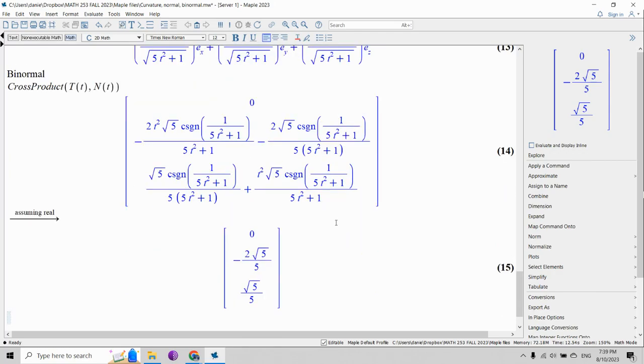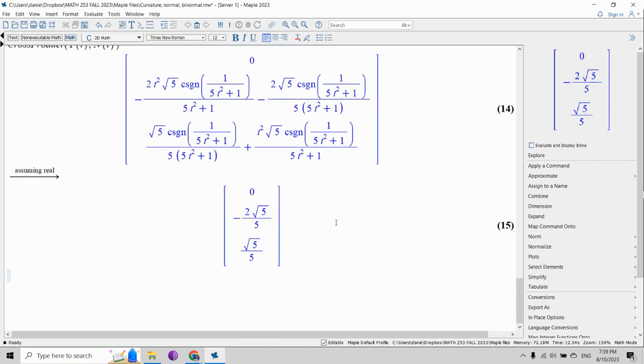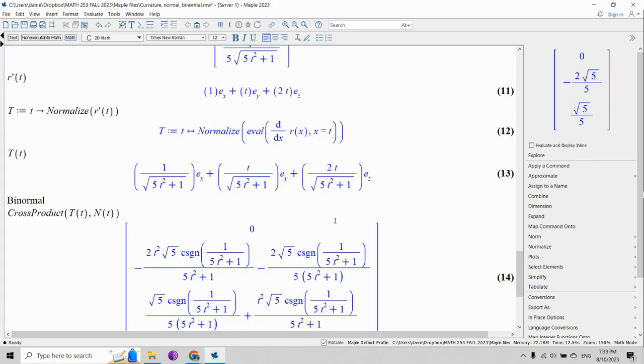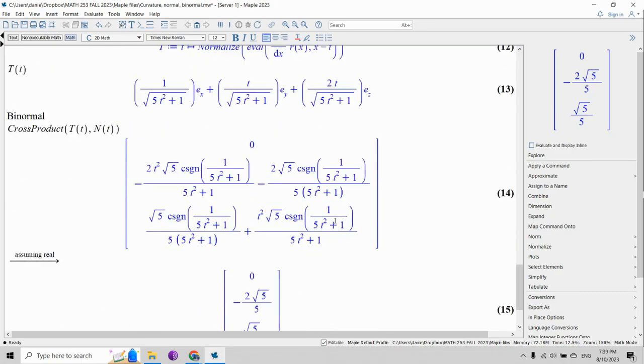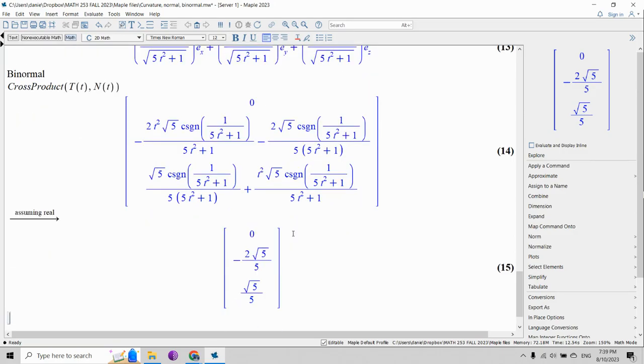I mean, it simplifies to a constant binormal. So the unit tangent and unit normal happen to depend on t. Normally the binormal also depends on t, but it doesn't have to. Sometimes it simplifies. In other words, the orientation of the binormal is given by the same vector all the time.